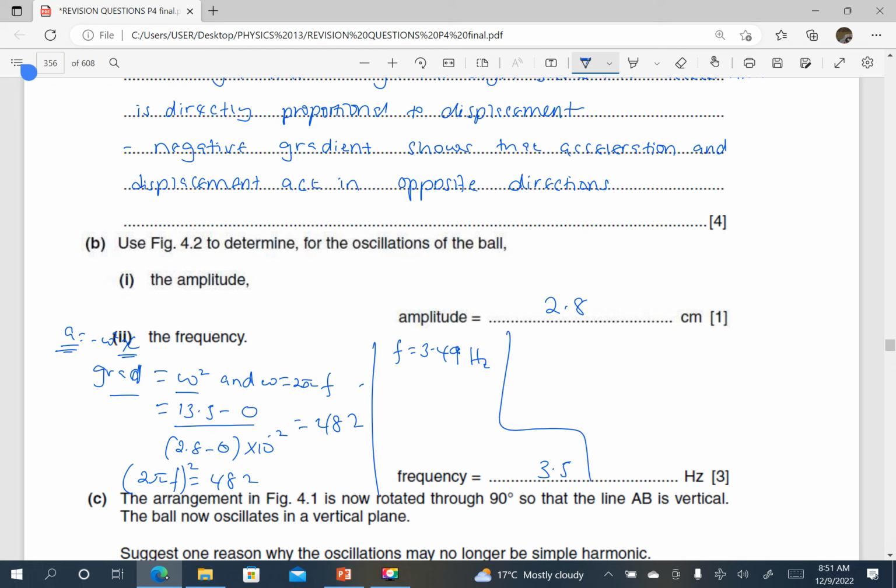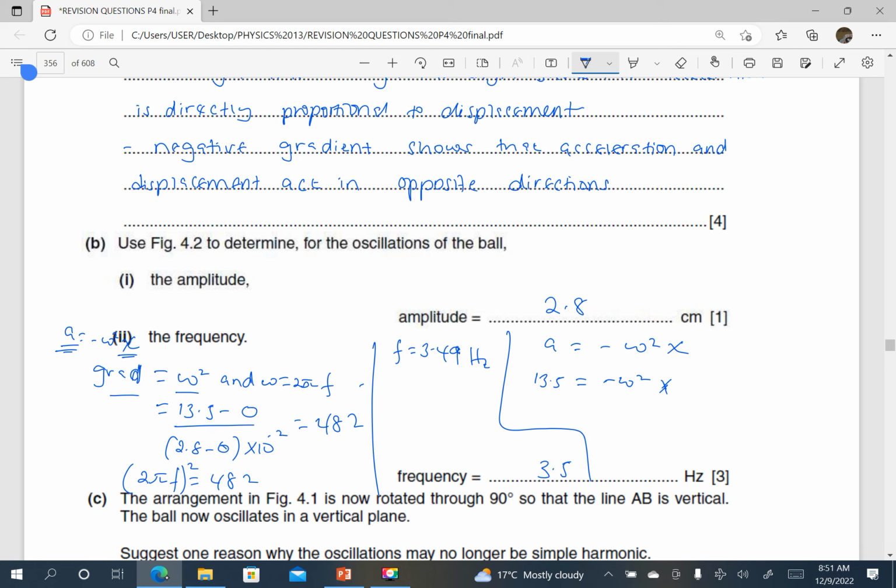Alternatively, I could use the formula directly. Acceleration is equal to negative omega squared x. I just take a value for acceleration and its corresponding value of x to give me omega, and then I equate omega to 2 pi f. It's the same as taking the gradient. If I take a value of acceleration as 13.5, equal to negative omega squared times the x value, note that when the acceleration is positive, the displacement is negative, because they are in opposite directions.